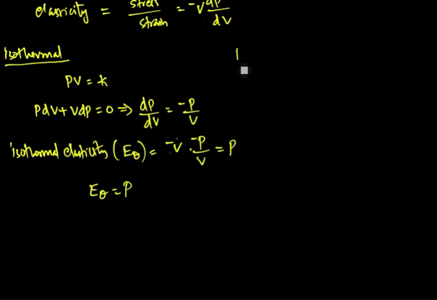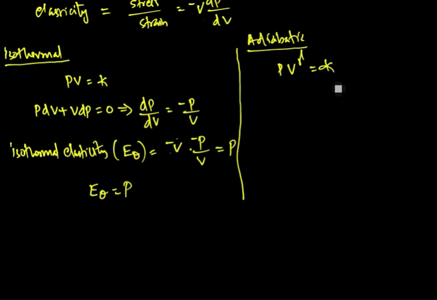Now for an adiabatic process, let's calculate this adiabatic elasticity. For that, consider the equation of state for an adiabatic process. It is PV raised to gamma is equal to a constant. Differentiating this one, it is V raised to gamma into dP plus P into gamma into V raised to gamma minus 1 dV is equal to 0.